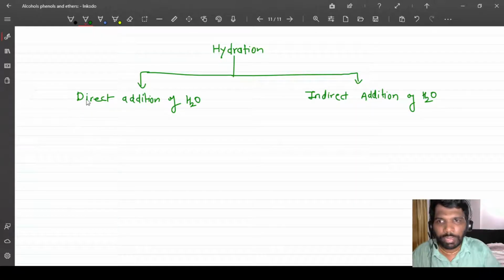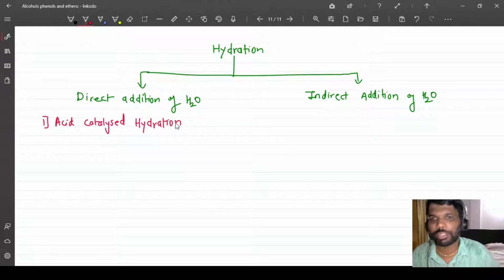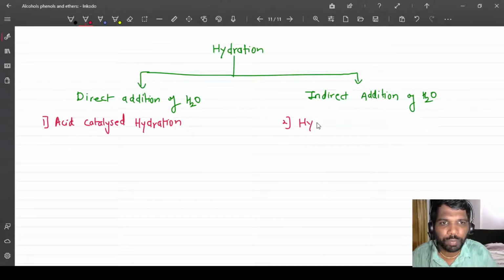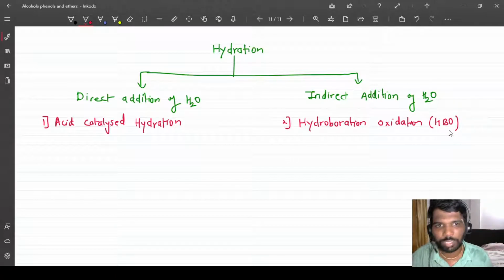In direct addition, the name of the reaction which we will be discussing is acid catalyzed hydration. And in indirect addition, the name of the reaction is hydroboration oxidation. In short, we say this is HBO. This is the short form we use to describe this reaction.